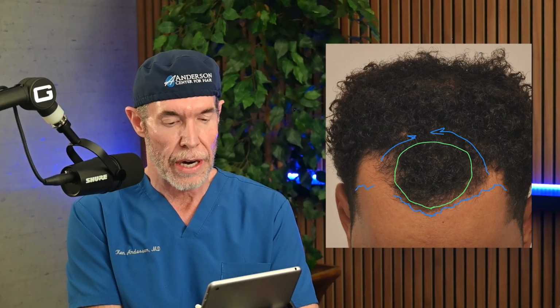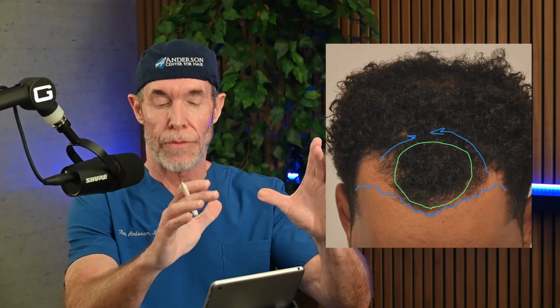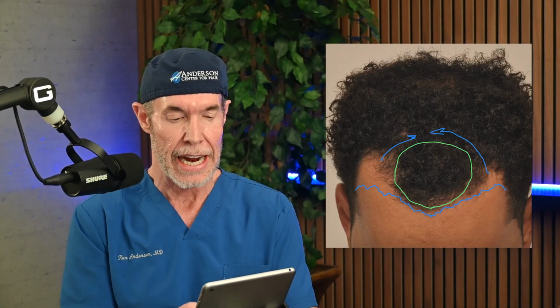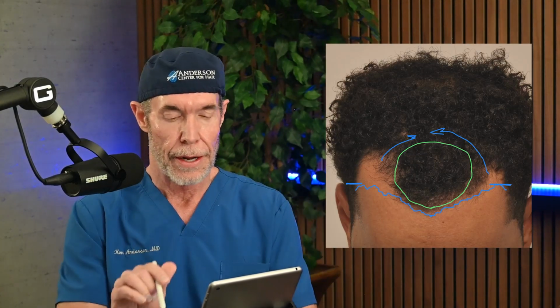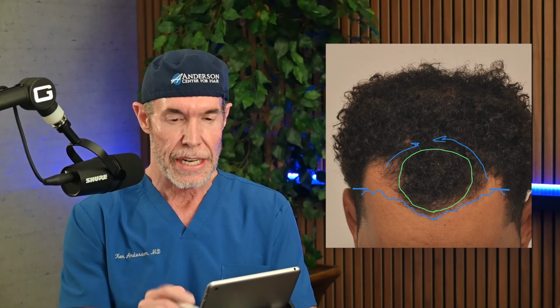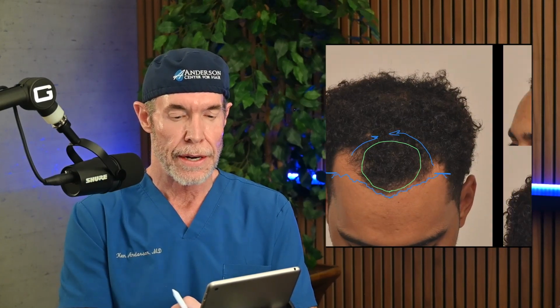When I have a patient in the chair, I'll tilt the head down to make sure that the two edges are even side to side. That would be like this area here and this area here. We want them to be nice and even with each other. And then I want to get to the next photograph because it really nicely demonstrates this.